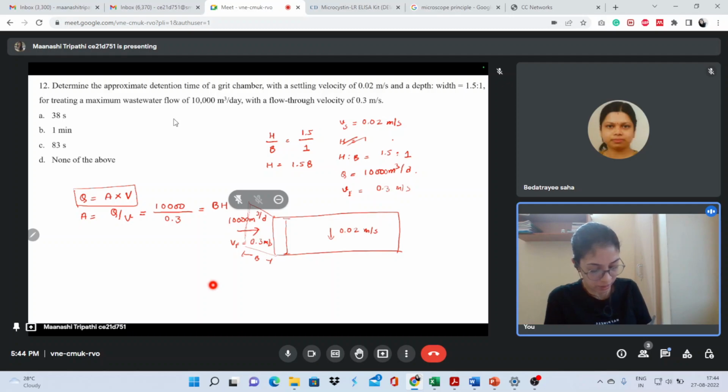We put it here: 10,000 divided by 0.3 is equal to 1.5 b square.